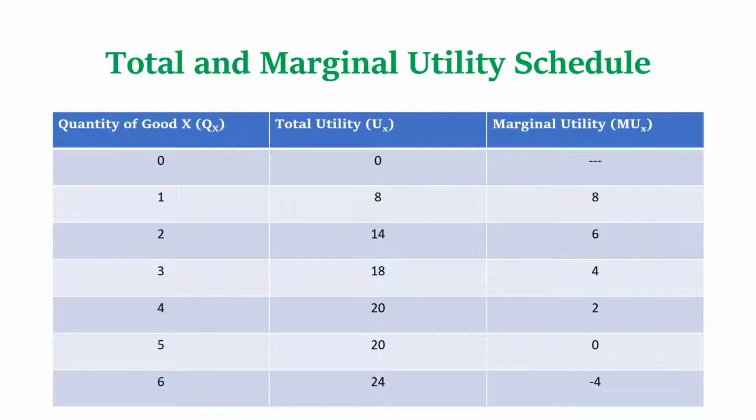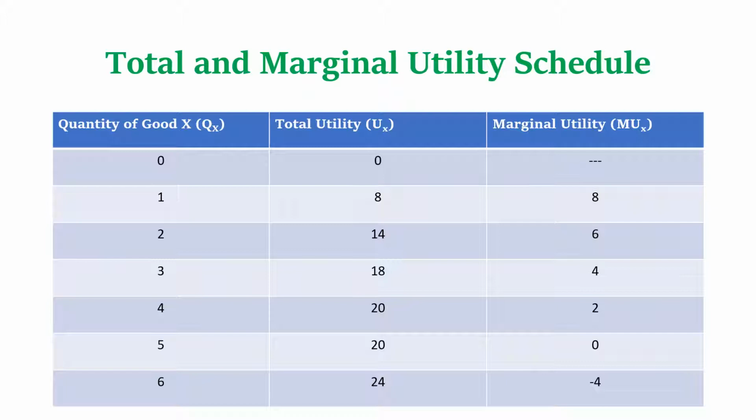Now let's say the consumer decides to increase his consumption of hamburger. If he decides to eat another hamburger, that makes it 2. The utility derived from this will be 14 utils. But what happens to the marginal utility?